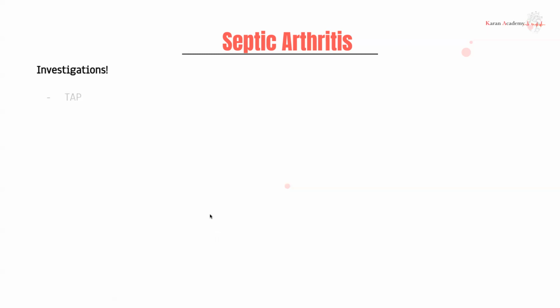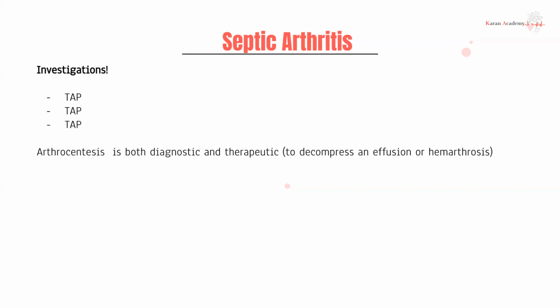In terms of investigations, as I said, please tap the joint. So we're talking about an arthrocentesis or a joint aspirate. It's both diagnostic and therapeutic. As you can imagine, if this was septic arthritis, you are going to have fluid buildup, pus that's going to be full of neutrophils and all types of exudates.